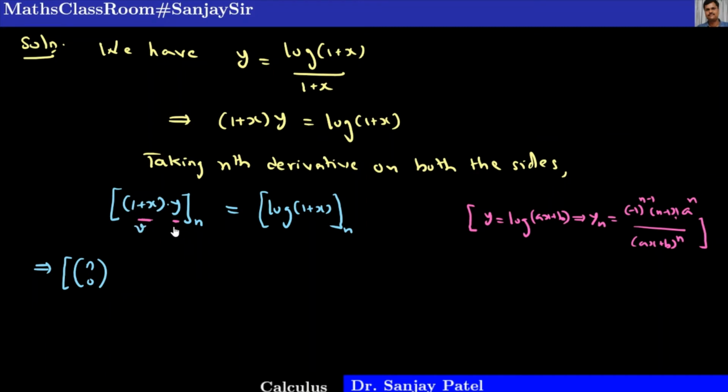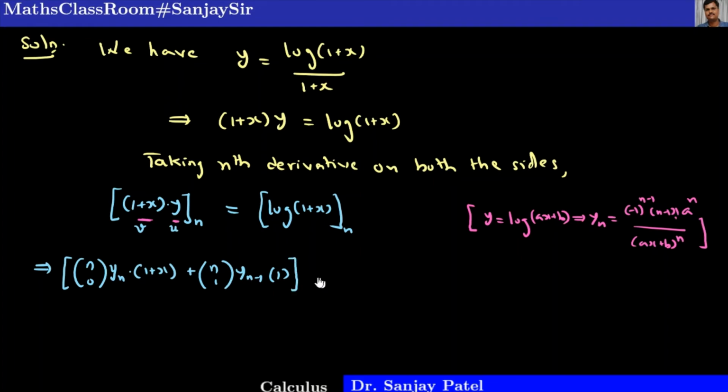So this I am taking as v and this as u. So nc0, nth derivative of u, that is yn, into the function 1 plus x as it is, plus nc1 into 1 less than this, that is yn minus 1, and the first derivative of 1 plus x, that is simply 1. And the next derivative of this 1 will be 0. So all other terms after the second term onwards will be 0.